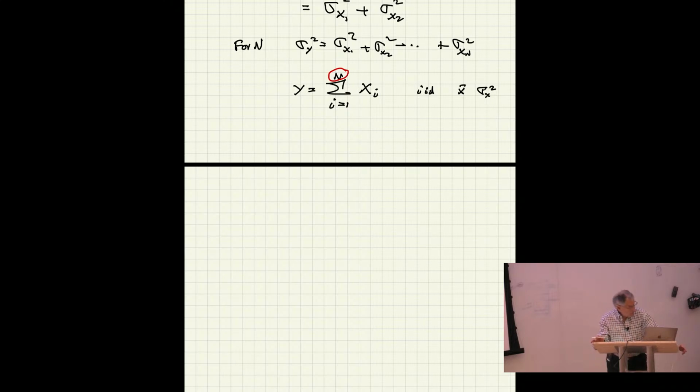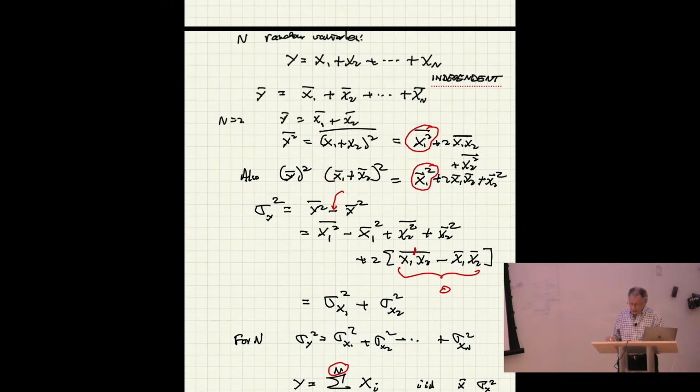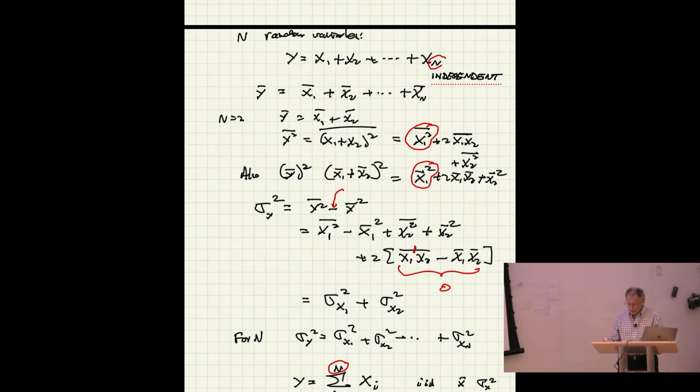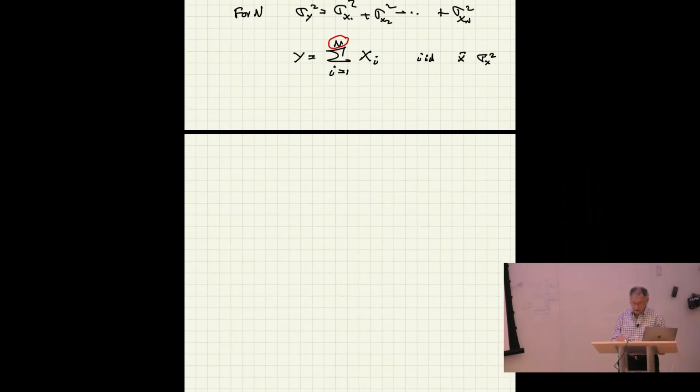Now what happens? A moment ago, we knew it was exactly n, and that was a constant. Now we're letting n be a random variable. So let's say that N is a random variable with mean n bar and variance sigma squared sub n.